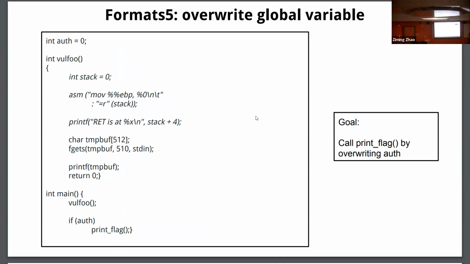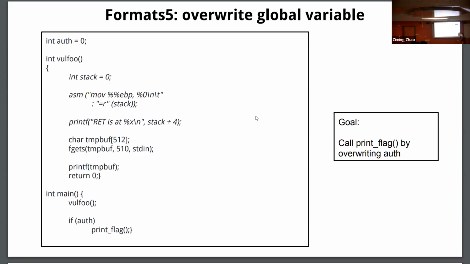In this case, this is our vulnerable program. We are going to try 2 different ways to hack this program. The first way is to override the global variable. The second way is to override the return address on stack. The tricky thing here is you need to figure out the address of the return address on stack.